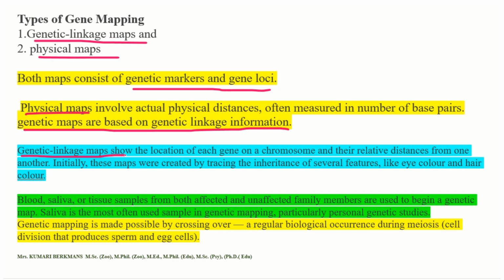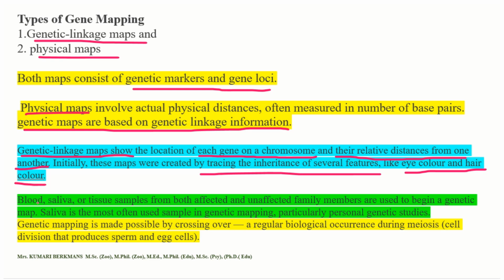This map shows the location of each gene on a chromosome and their relative distance from one another, that is, the distance between one gene and another on a particular chromosome. Initially these maps were created by tracing the inheritance of several features like eye color and hair color.